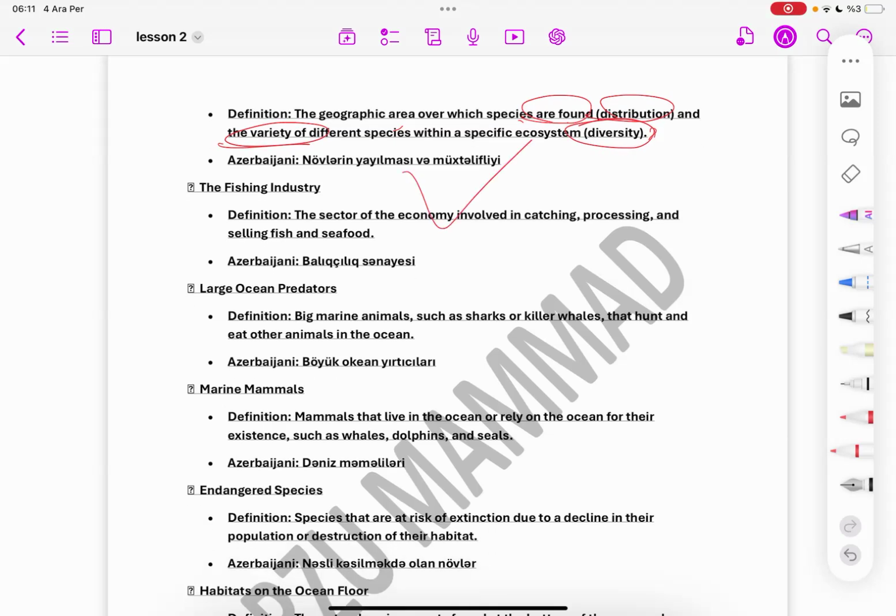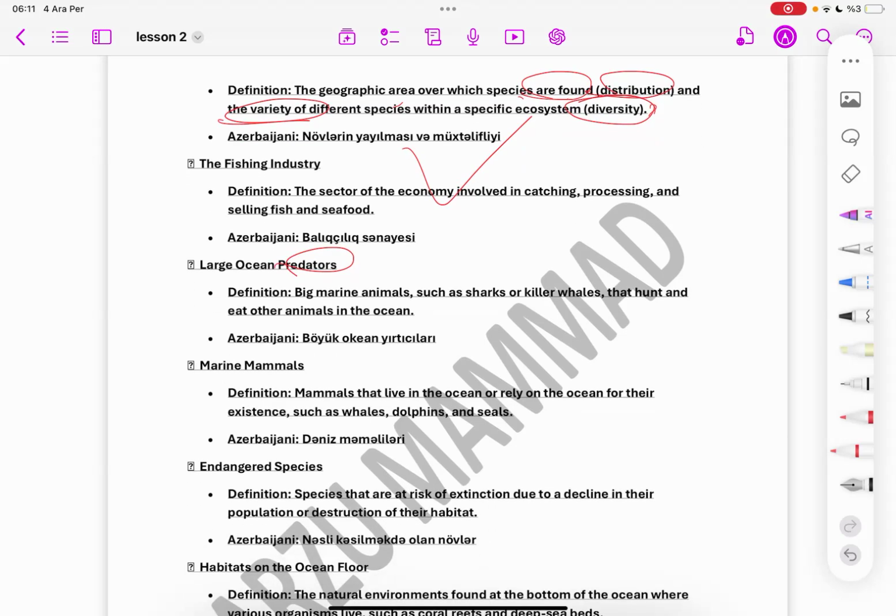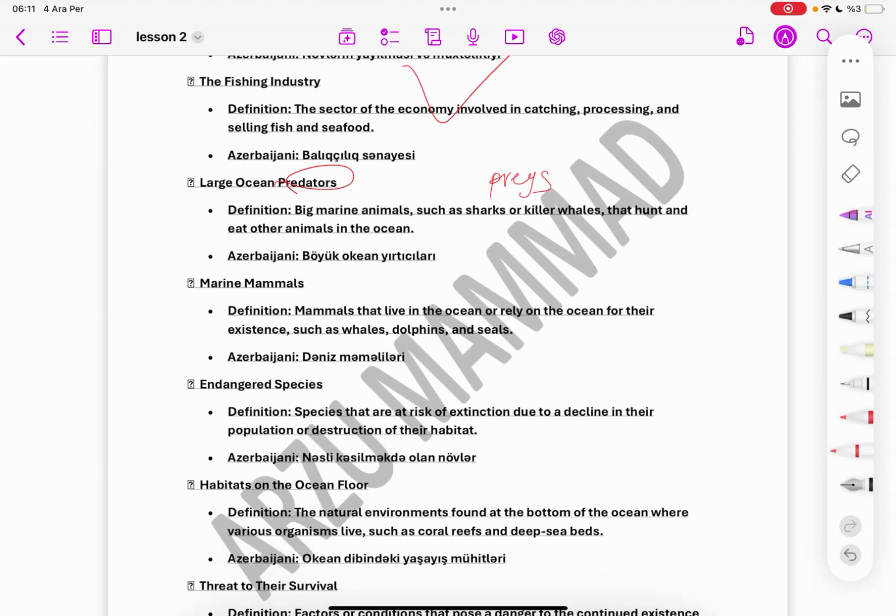Fishing industry, predator, we have covered it in lesson one. We have prey, and predators prey on prey. Marine, we have already discussed this one as well. It is aquatic, and we have also terrestrial. This is the opposite of this, living on land.